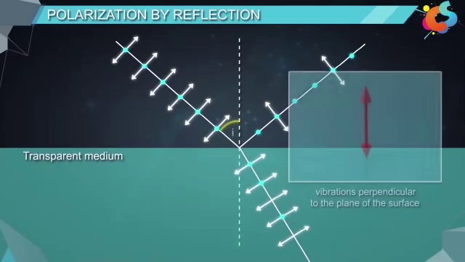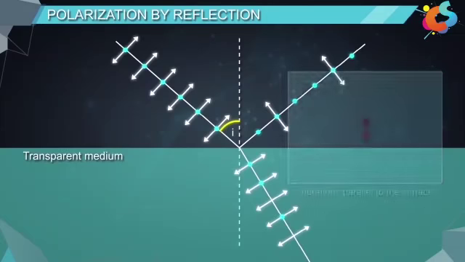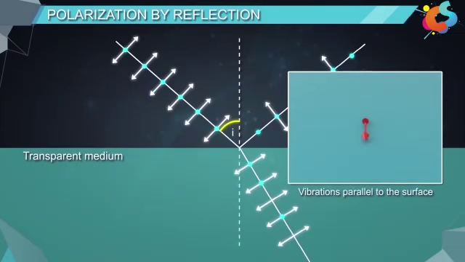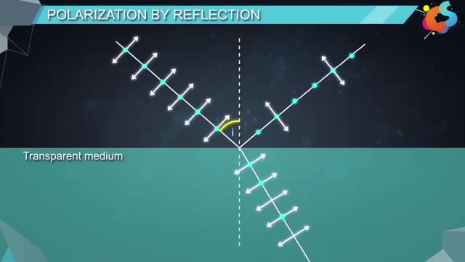Here, the straight arrows represent vibrations perpendicular to the plane of the surface, and the dots represent vibrations parallel to the surface. Now, if we observe the reflected light, we can see that it contains more dots than arrows, which means that the reflected ray is partially polarized.